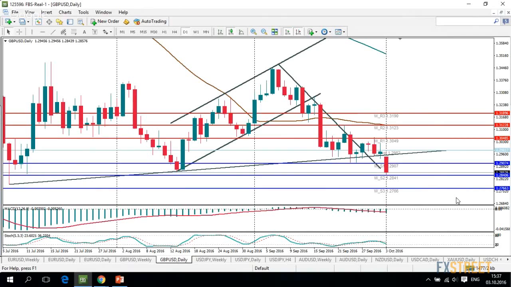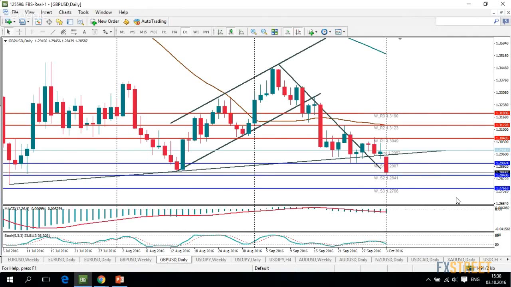I would like to mention that the market still thinks that the Bank of England is likely to reduce interest rates in November, and unless UK PMI indexes, which are due on Monday, Tuesday, and Wednesday, show considerable improvement, the market will keep expecting the Bank of England to cut the benchmark rate, and we'll see lower levels of GBP/USD.